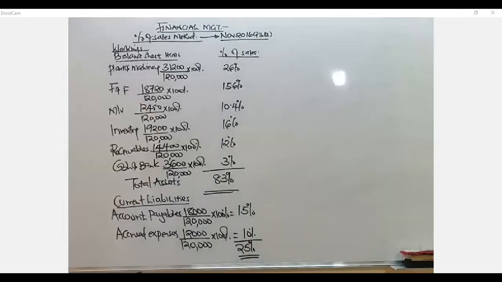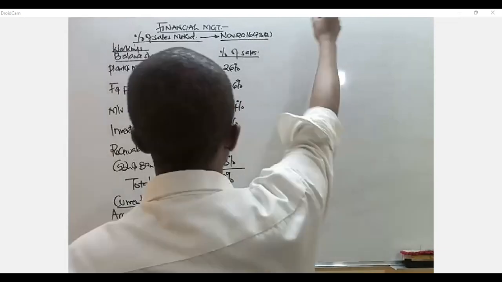Before we apply our formula for the external financial requirements, it is important that you look at the additional information number 2, where we have been told that the company forecasts that the sales will increase by 10% for the year ending 31 December 2016. So we just need to look at the increase in sales.